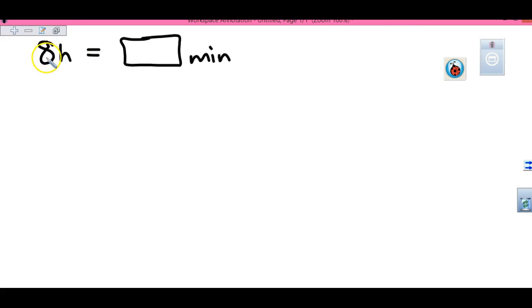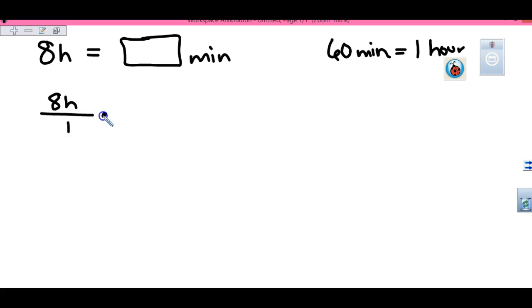If we need to convert hours to minutes, we need to know the conversion factor. How many minutes in 1 hour? 60. 60 minutes is equal to 1 hour. So if we have to convert 8 hours to minutes, we have to multiply times our conversion factor.